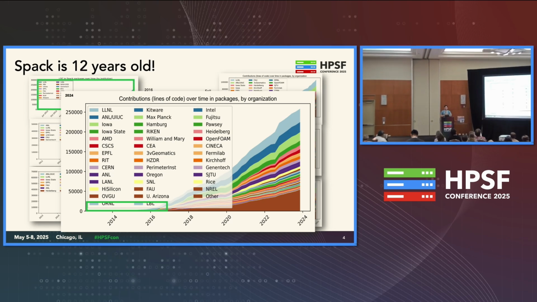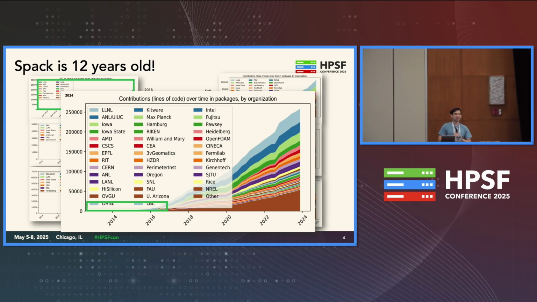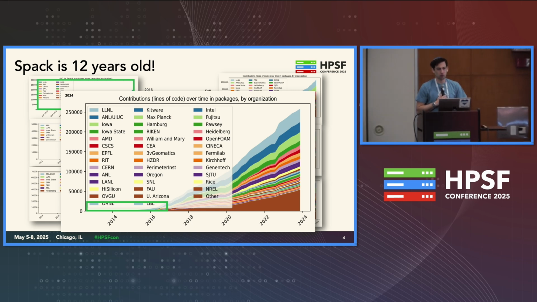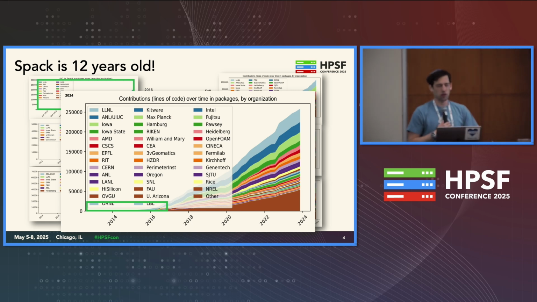For Spack core, I think it's still something like 60% of the lines of code are from Livermore. Spack core, last I checked, was around 90,000 lines of code, and the package files between 250,000 and 300,000.